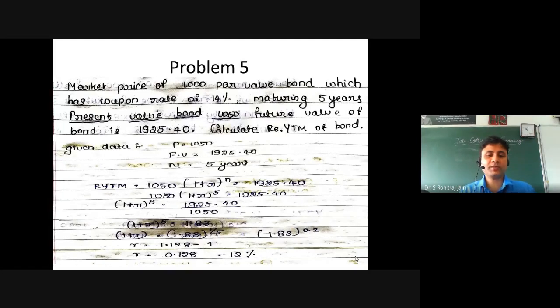You get the value to be equal to 0.128. So I want to keep it in percentage, means what I'll do, I'll multiply that by 100. So I got the value to be equal to 12.8%. So the realized yield to maturity of the bond is how much? 12.8%. Clear? We will solve one more problem, students, related to realized yield to maturity.